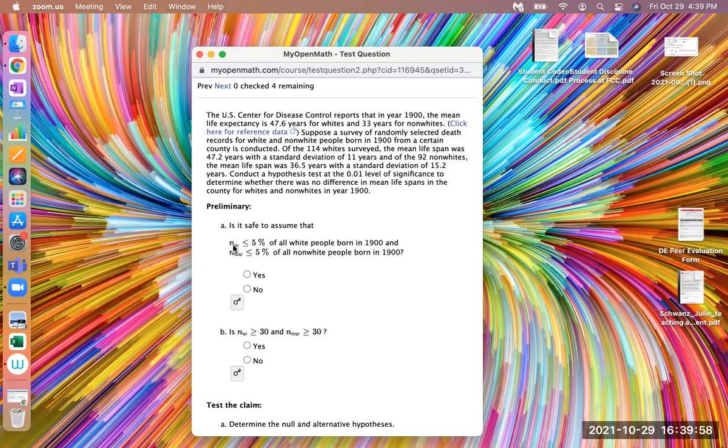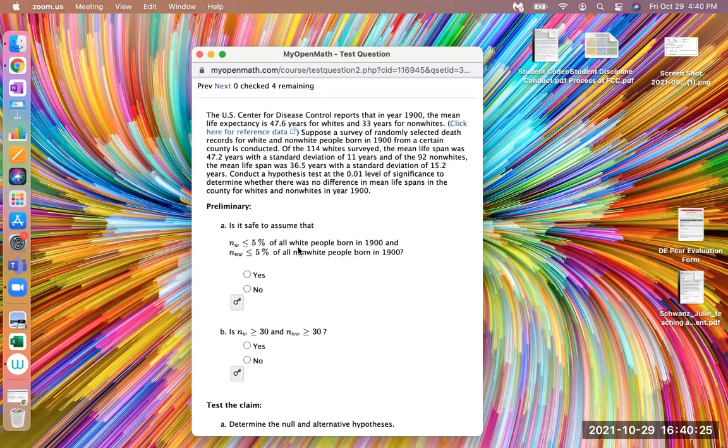They ask, is it safe to assume that the number of whites that were sampled is less than 5% of all the white people born in 1900? And think of it like if we're talking about the United States. So how many did they sample? They surveyed 114 people, and that's not a very big number.